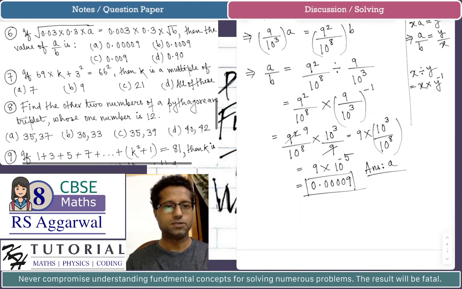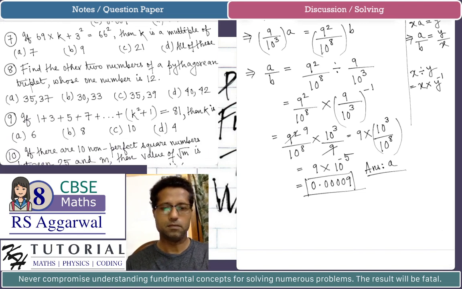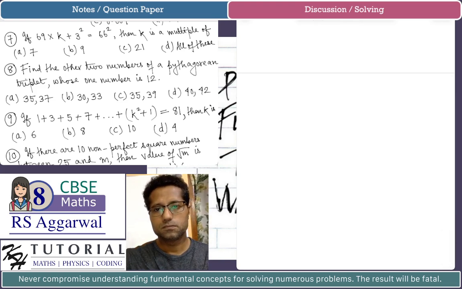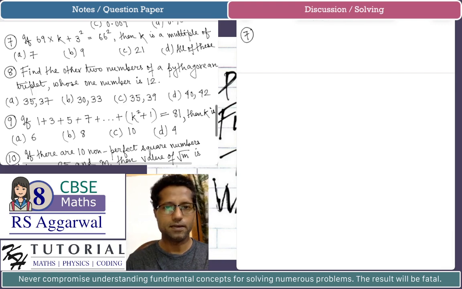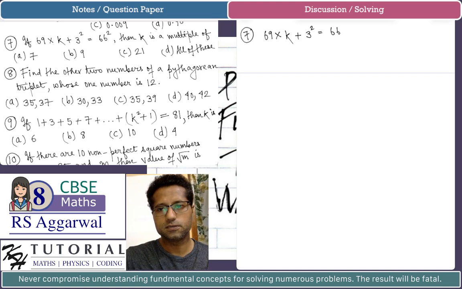Okay, let's do problem number 7. Problem number 7 says that it is given that 69 multiplied by k plus 3 square is equal to 66 square.